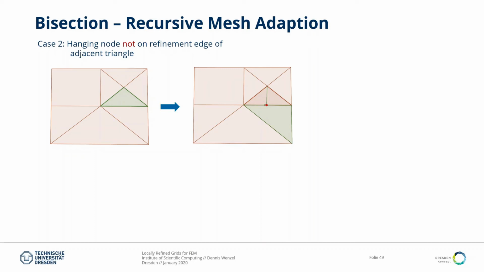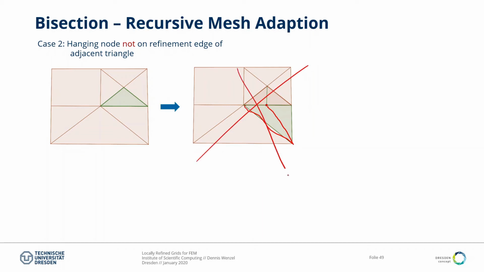But this is clearly not the refinement edge, because the longest edge of this triangle is here. Never get to the idea of refining this as is. So you cannot just cut this triangle in half like this, because then you are not preserving your shape regularity. Your triangles are getting terrible, and that's just not allowed. Okay? So never do this.